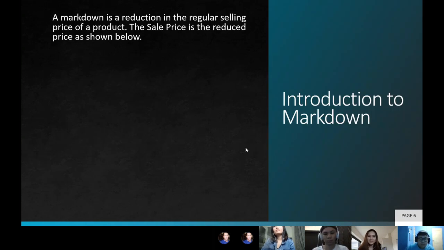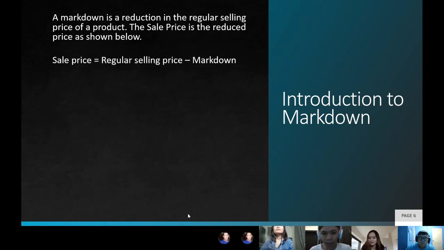Next is markdown. Markdown is a reduction in the regular selling price of a product. The sale price is the reduced price, as shown below. To get the sale price, it equals the regular selling price minus markdown.